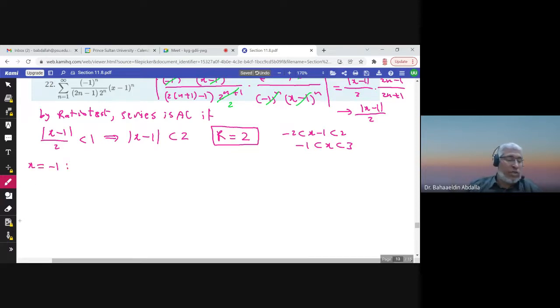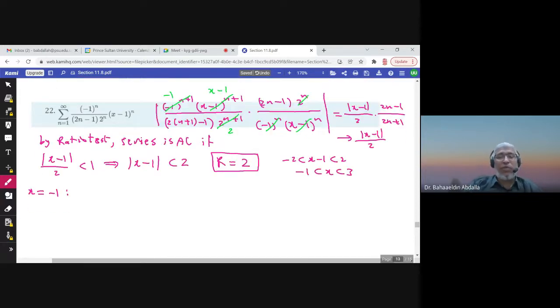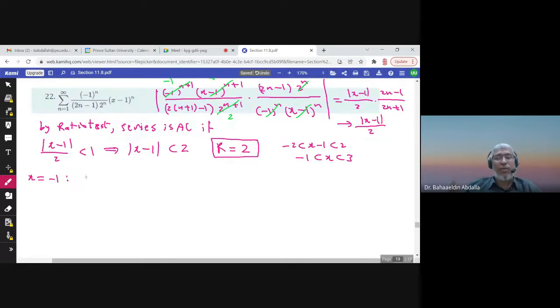And let us consider the two cases, the endpoints. If I replace x by negative 1, I'll have negative 2 to the power n. So there is negative 1 to the power n, negative 2 to the power n, and also here 2 to the power n.